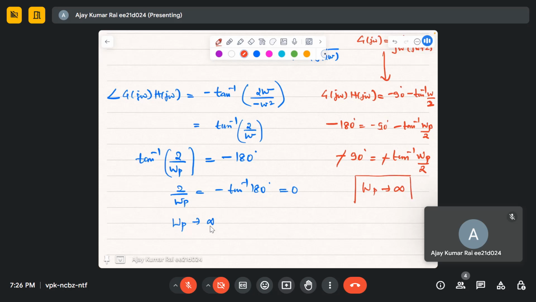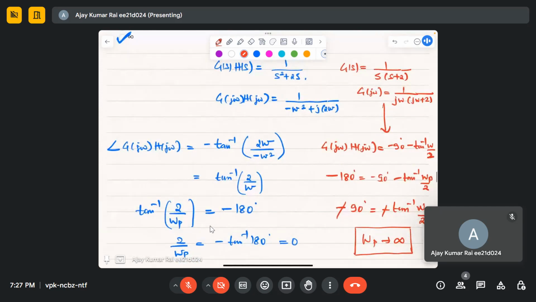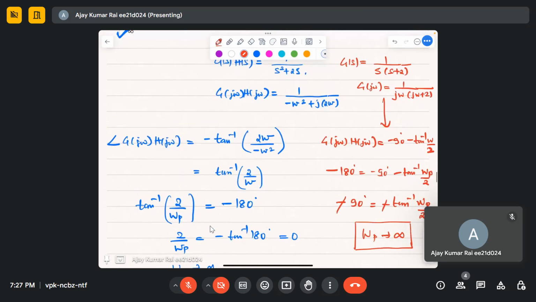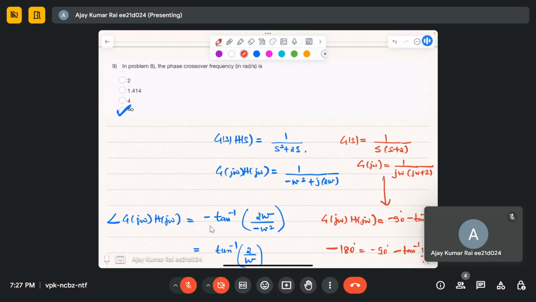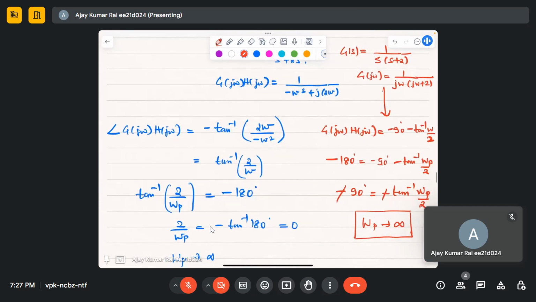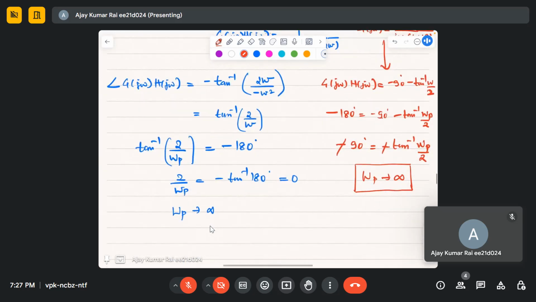This is simpler. Both ways lead to the same answer: omega p equal to infinity. Any doubt on this question?